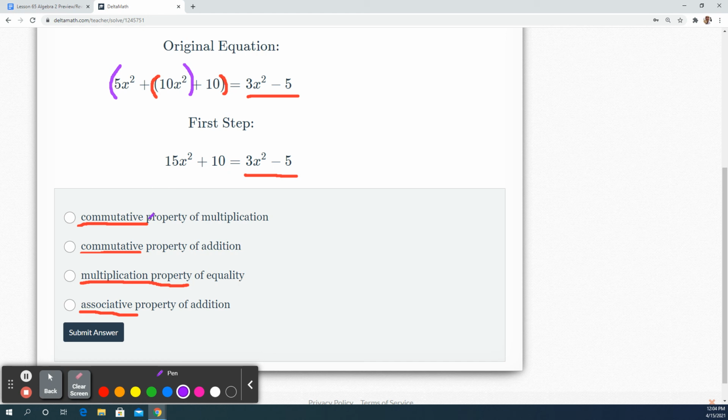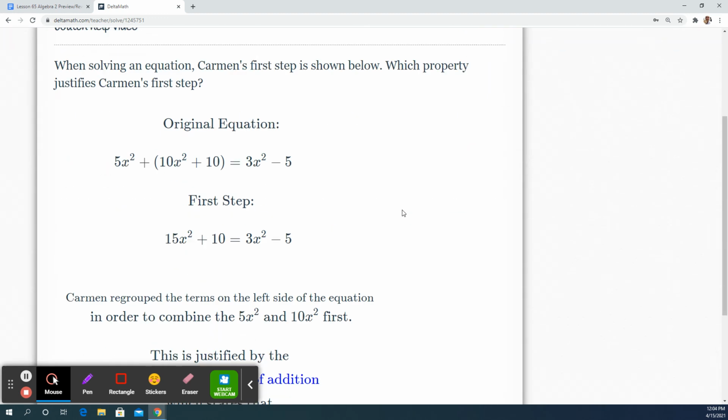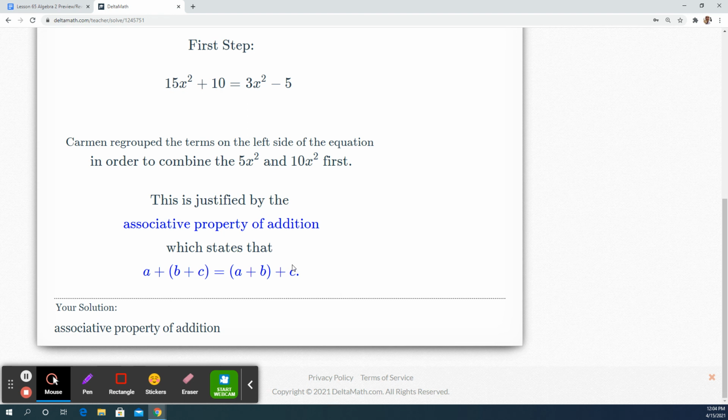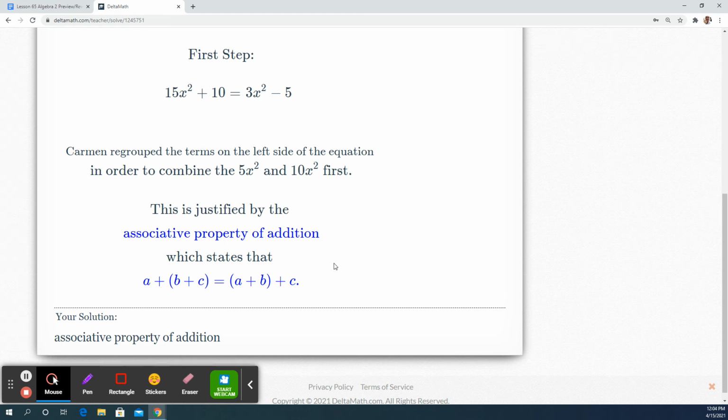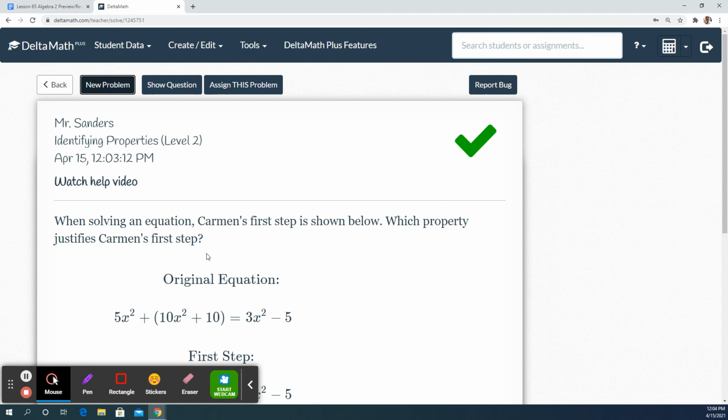Nothing traveled to different locations. These got combined, and they're next to each other. So maybe it could have been confused with the commutative property of addition, but it's definitely associative property of addition. Doesn't matter how you group them, what steps you do. Did them in different steps. And here's that example of the different grouping symbols. It'd been nice if they showed the different grouping symbols, but they're just implying it.